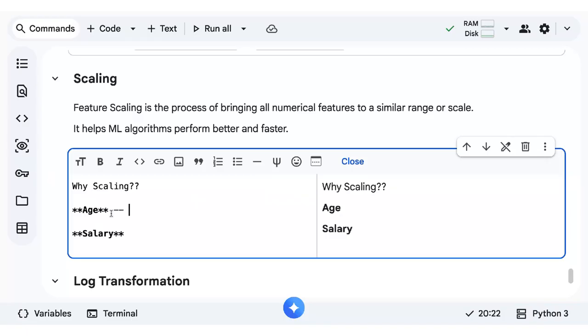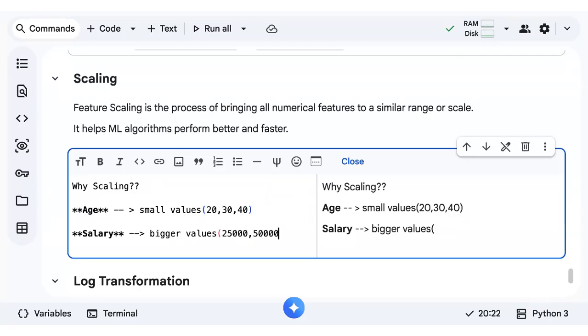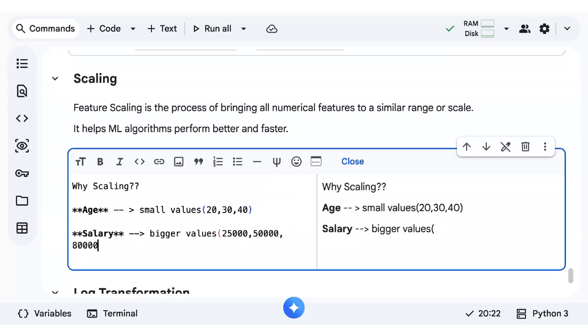When it comes to age, usually it will have smaller values like 20, 30, 40. When it comes to salary, salaries are larger values. Usually salary starts with 25,000, 50,000, 80,000, and so on. It can increase. It will be a bigger value.